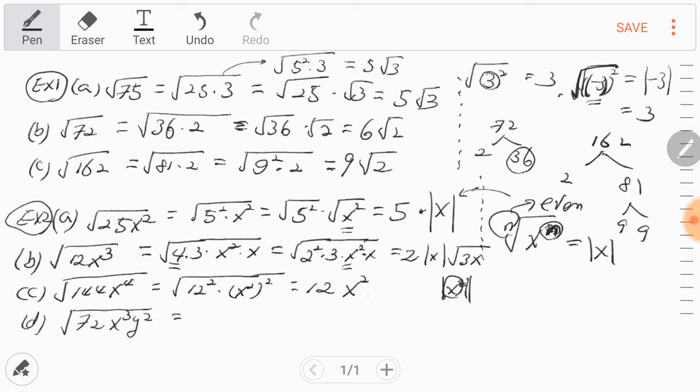Okay, 72. 72 is what? 36 times 2, right? 36 times 2 is 72. So 36 is 6 squared times 2. And then x cubed is x squared times x. Then y squared. So that is equal to 6 squared, so take 6 out, and x squared, so from here we can take x out, and we can make it an absolute value like this.